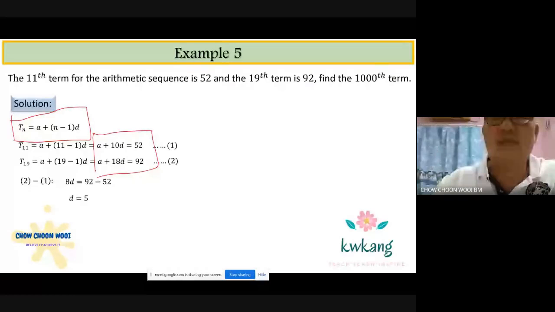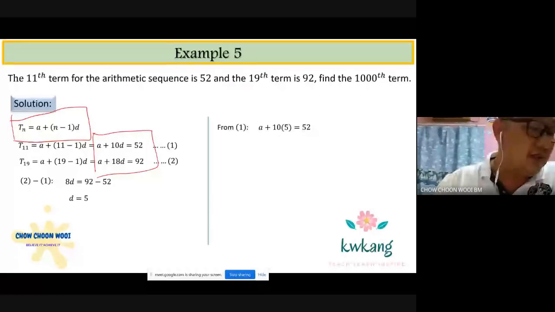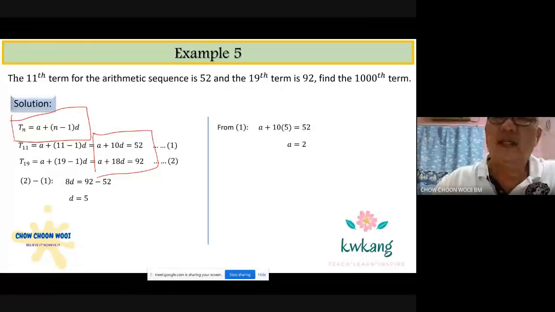So from the first one, we substitute into the first equation. A plus 10 multiplied by 5 is equal to 52. Yeah, A is 2. Good. Okay, so Tn.